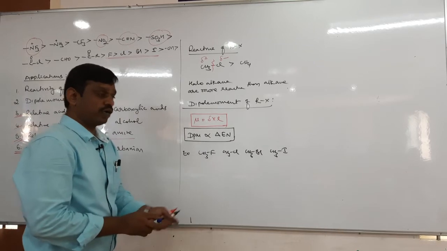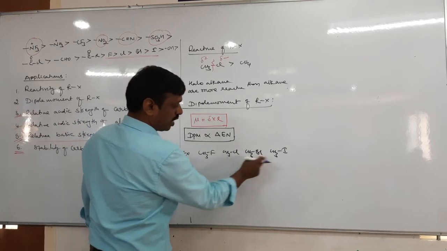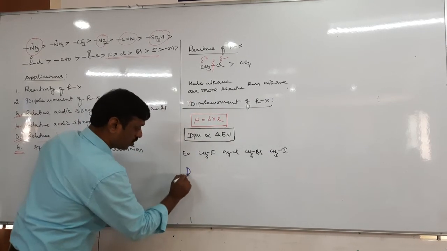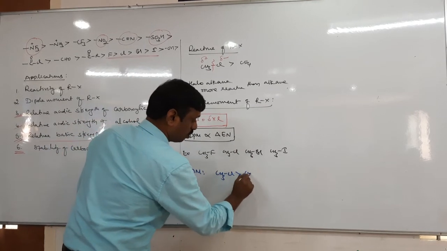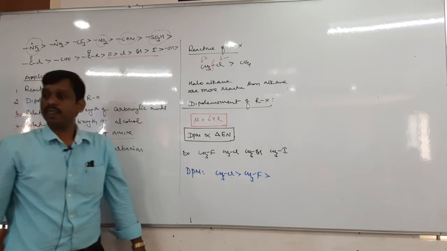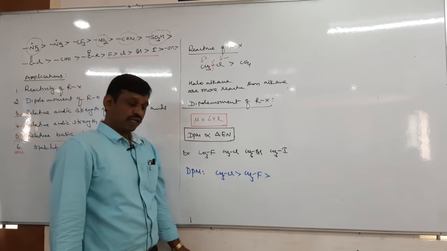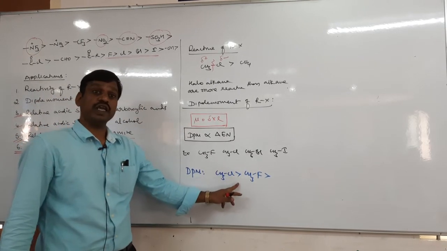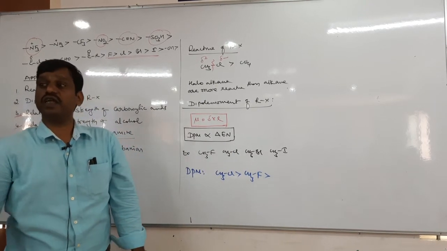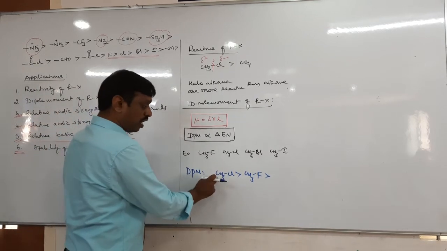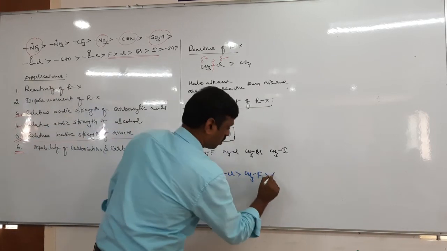The difference in electronegativity between fluorine and carbon is more than for chlorine, bromine and iodine with carbon. But the dipole moment order is that methyl chloride is more than methyl fluoride. Why? Because of electron gain enthalpy. We studied this in classification of elements. Chlorine has more electron gain enthalpy compared to fluorine. It means dipole moment also depends on electron gain enthalpy. Because of that, the carbon chlorine bond has more dipole moment compared to carbon fluorine, other things being the same.